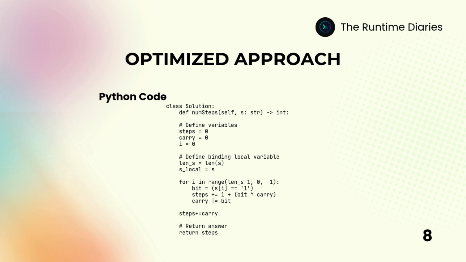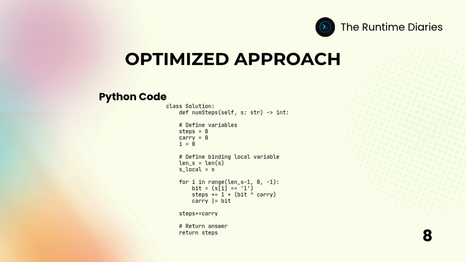XOR here means, are bit and carry different? If yes, we need 2 steps, one to flip, one to divide. If no, just 1 step is needed. Finally, carry or equals bit ensures the carry stays active if a 1 was seen. The loop ends, and if a carry still exists, we add 1 last step.